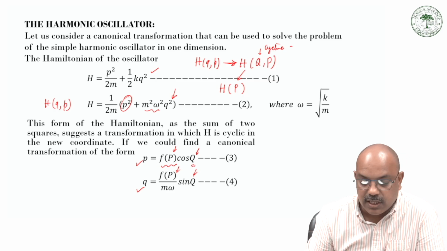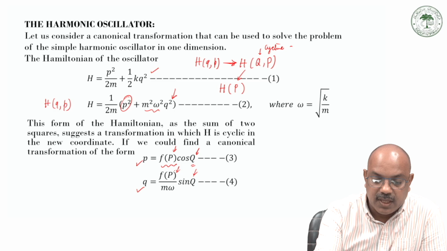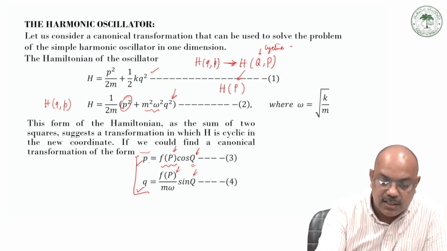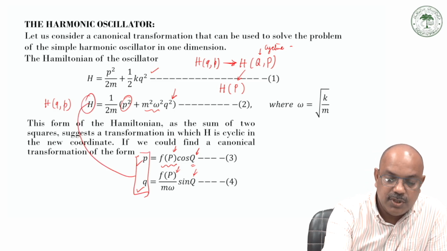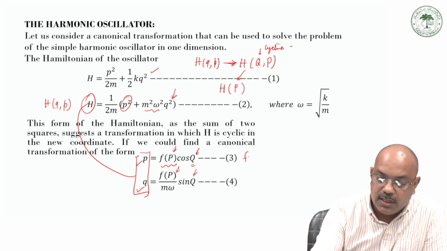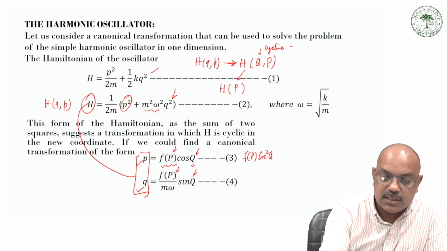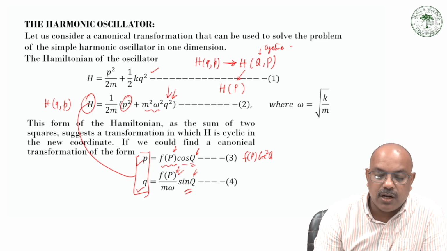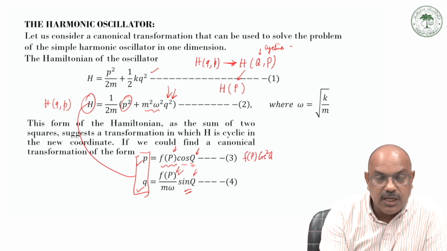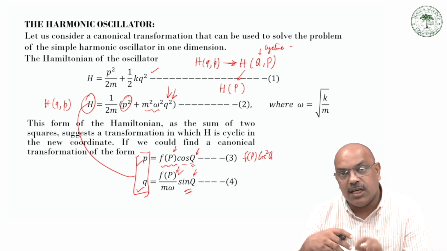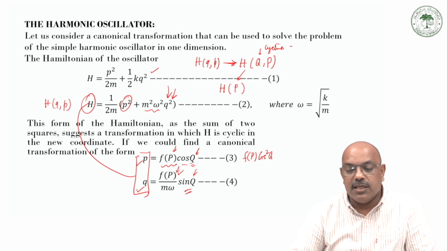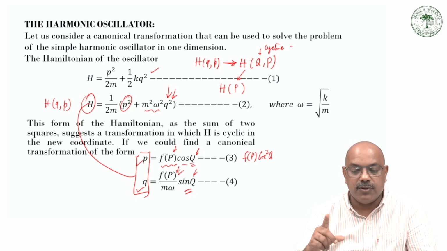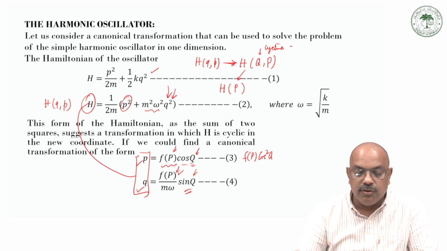If I take these two into this Hamiltonian, for p square, this is f(P) square cos square Q, and for q square, this is f(P) square sine square Q. The cos square Q plus sine square Q is going to be 1. So now the Hamiltonian is going to be independent of Q. That means you have already made this Hamiltonian cyclic in Q. So Q is the cyclic coordinate.